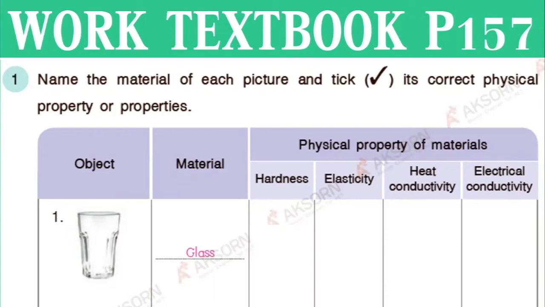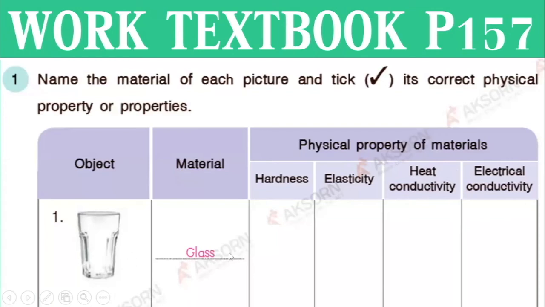So take your pen, please, and write down object number 1, made of glass. And then we look at the right side of our table. Physical properties of materials: hardness, elasticity, heat conductivity, and electrical conductivity.